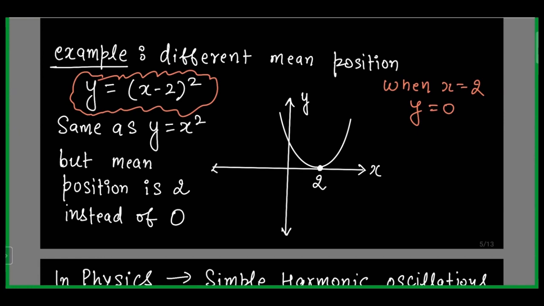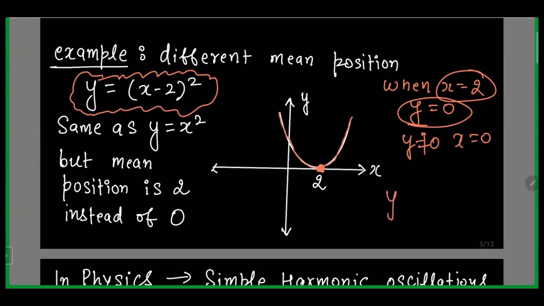Now your y is not 0 at x equals to 0. Initially, at x equals 0, your y was 0, so your mean position was 0. But now your y is 0 at 2, so now your mean position is 2. So you will start your graph with the mean position at 2, and you will again make a parabola. So this is how you plot an x minus 2 kind of graph.